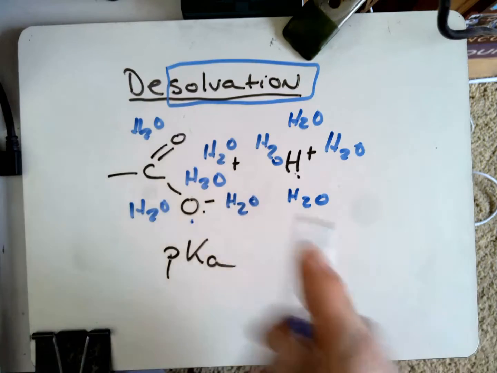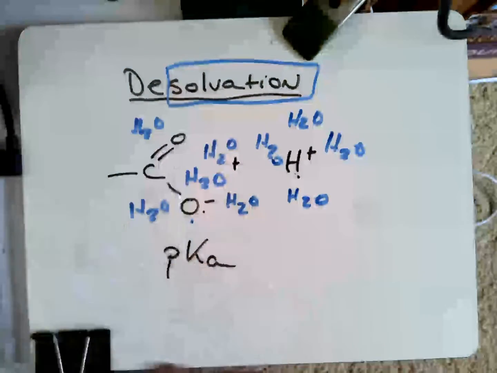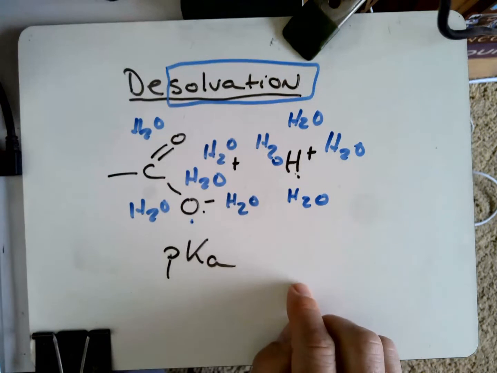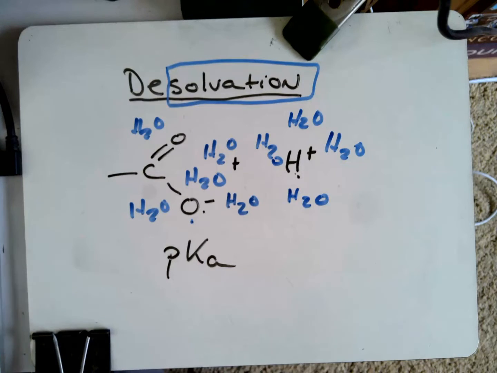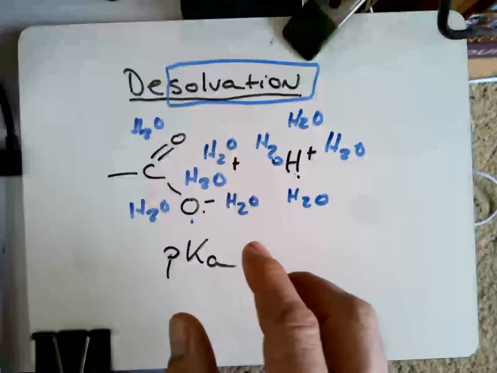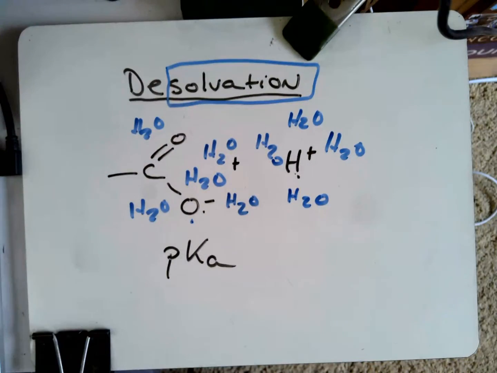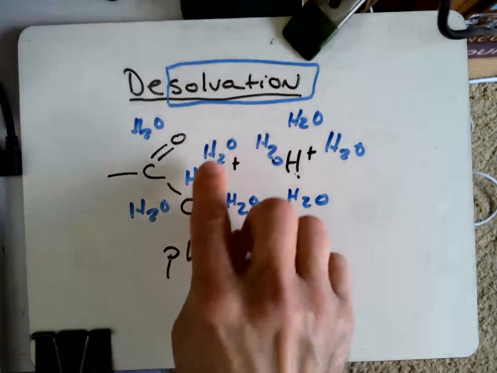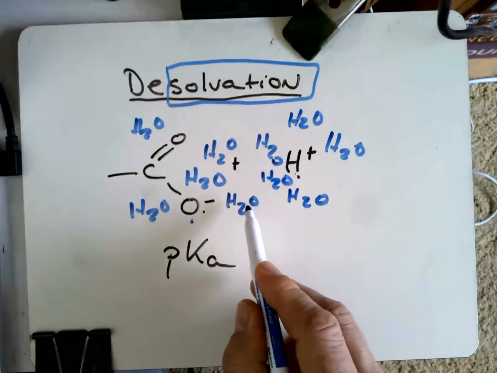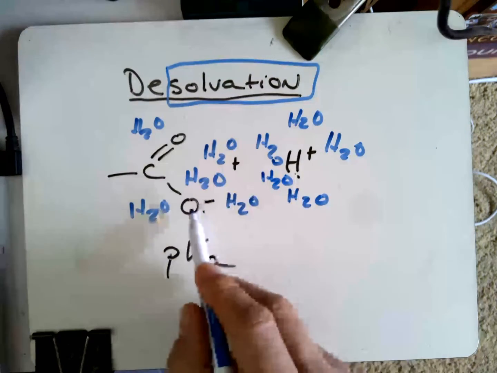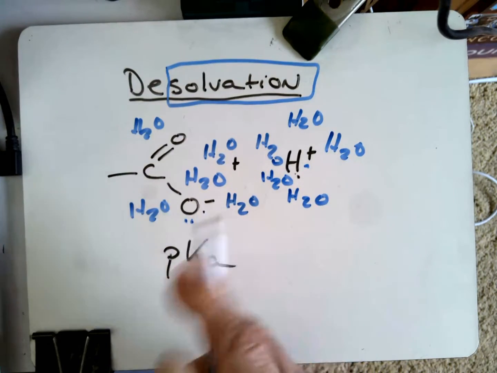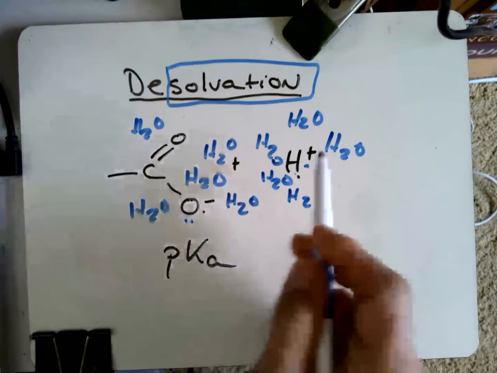So what desolvation is, is just the opposite of solvation. It is removing some of those water molecules. To understand what effect that has on pKa, let's first understand what effect the water molecules have, before we look at the effect that taking them away has. When we have these water molecules here, what's pretty obvious is that they are interrupting the possible interactions between this H plus and this O minus, impeding the ability of that covalent bond to reform.